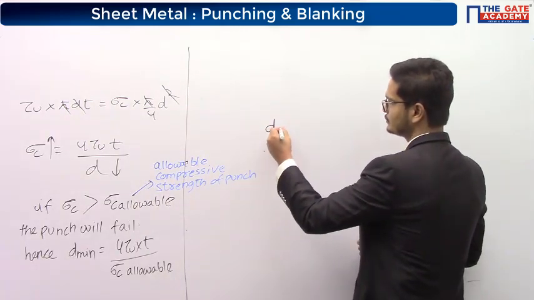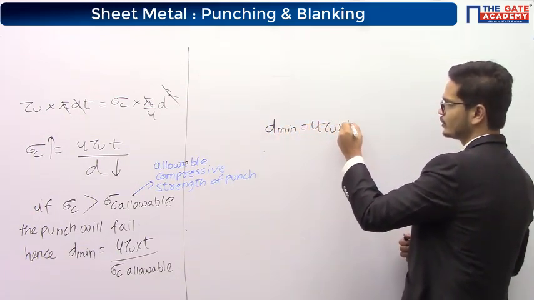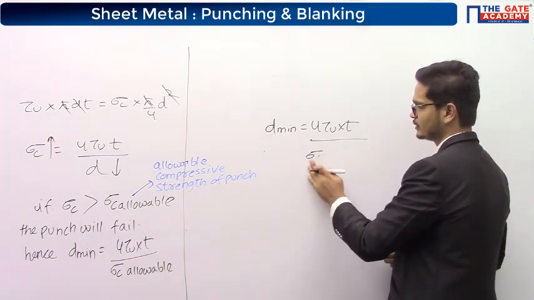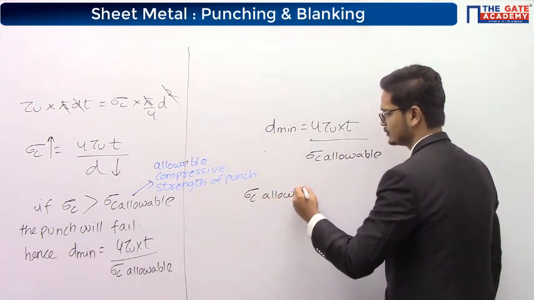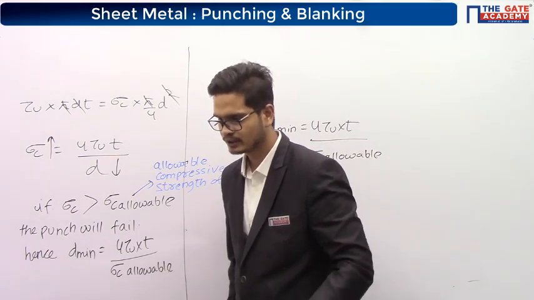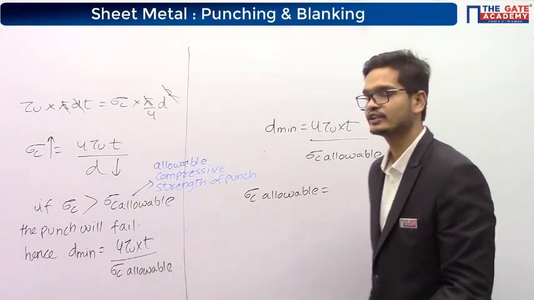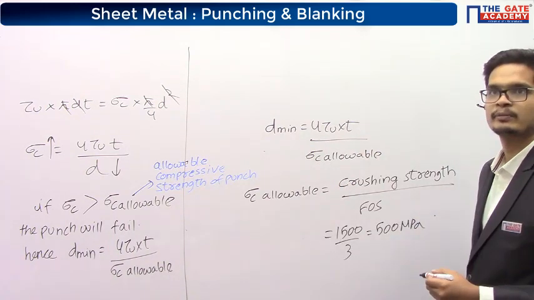D minimum is 4 times tau u into T by sigma C allowable. Sigma C allowable is crushing strength divided by factor of safety, which is 500 megapascal.